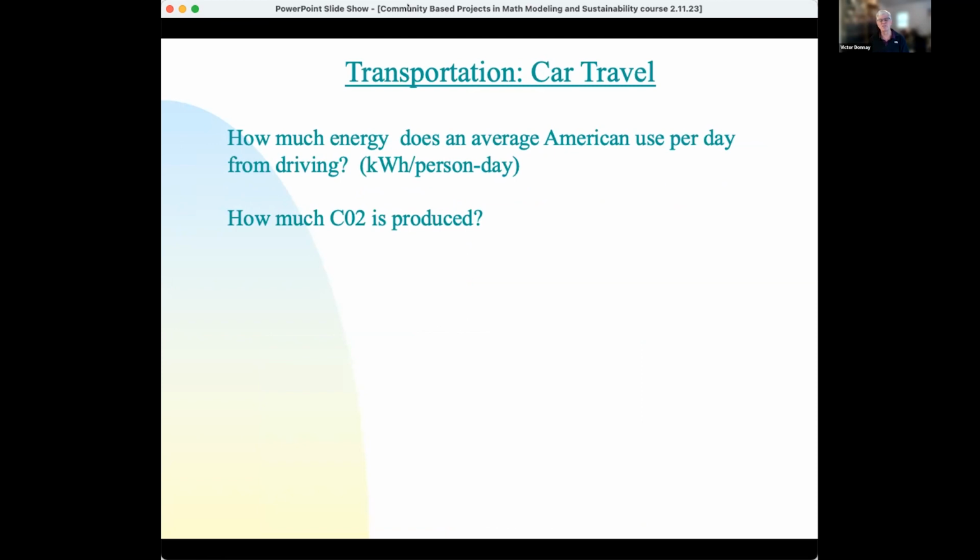And McKay's approach is, let's come up with a unit that is understandable to us humans. The units of how much energy is used in the whole country or how much carbon is produced are massive numbers, gigatons, that we can't really conceive of. So here we use kilowatt hours per person per day, which are manageable, and any type of energy used is always converted to kilowatt hours.